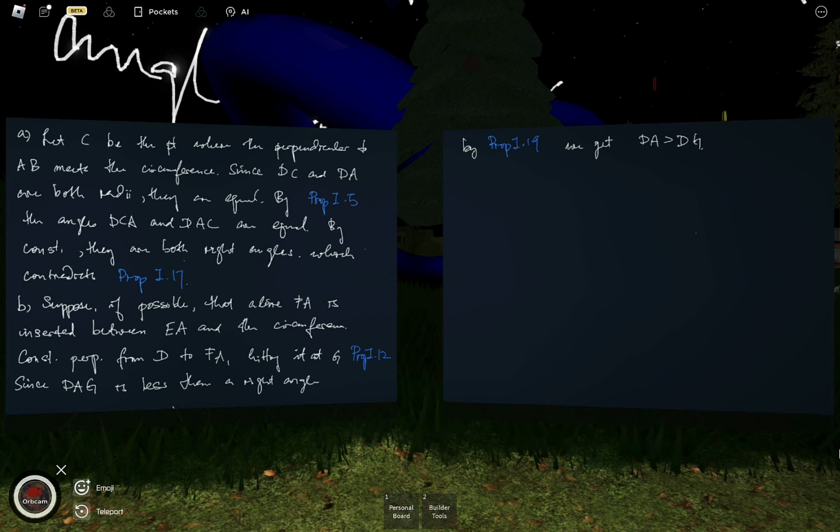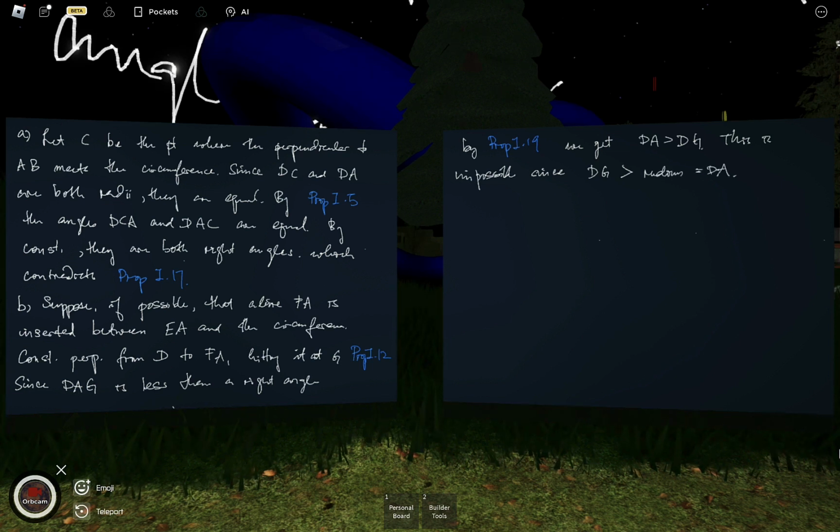So DAG is less than DGA. So DG must be less than DA, because DG is the side opposite the smaller angle. And so, of course, this is actually impossible because of the radius. Since DG is greater than the radius, which is equal to DA.